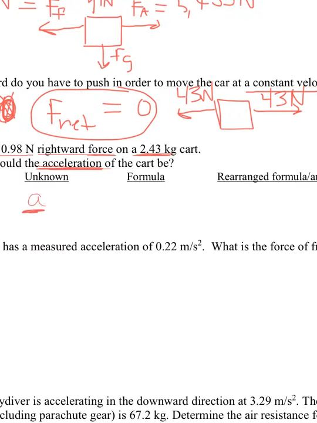I need to use my net force equation. So I have an F, I have an M, and I'm looking for an A. That's how I know I got the right equation.